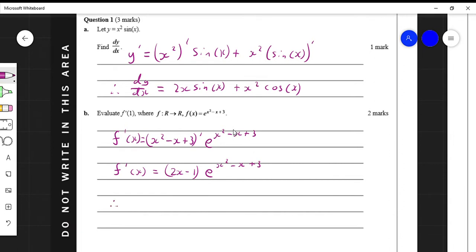So now we substitute in our point x equals 1, so f'(1) equals 2 times 1 minus 1 times e to the power of 1 squared minus 1 plus 3, and then you can work all that out, and you should just get e to the power of 3.